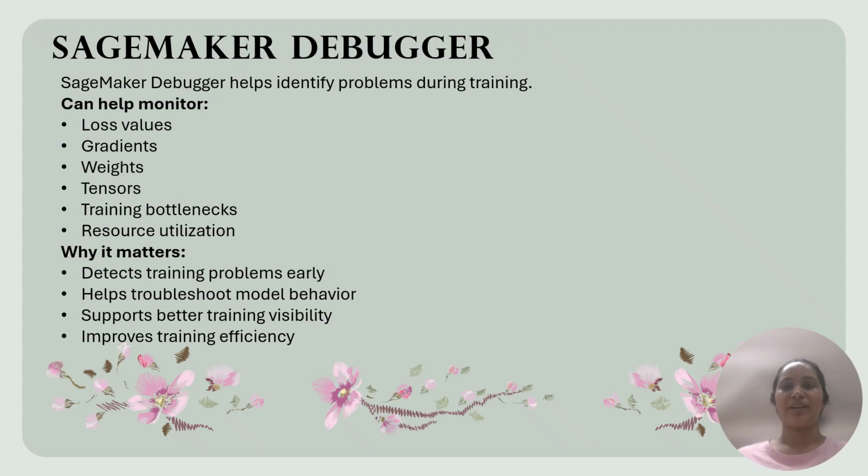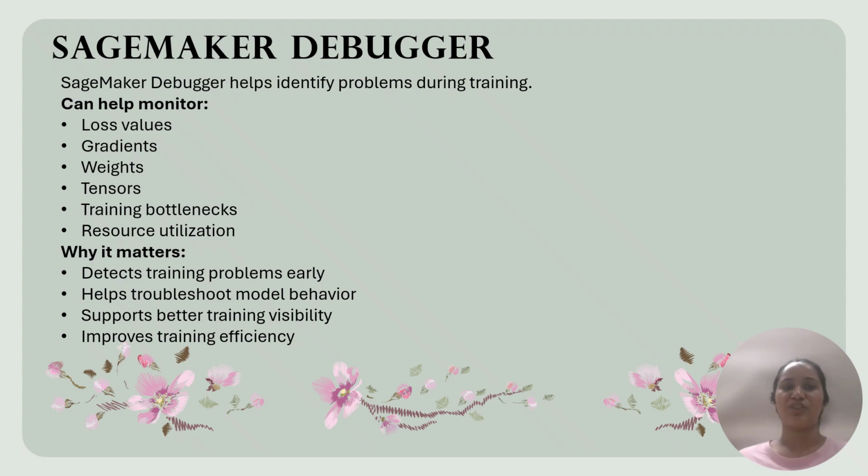Then is the SageMaker Debugger. It is a tool designed to monitor and analyze the training process in real time. It helps data scientists detect issues early, understand model behavior, and improve overall performance. One of the key things is loss values.